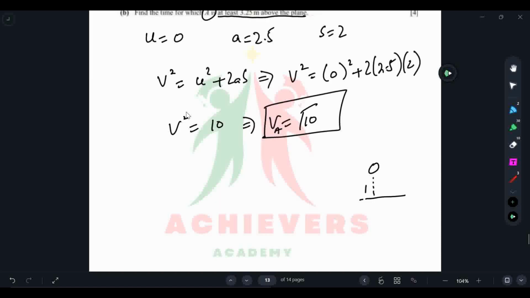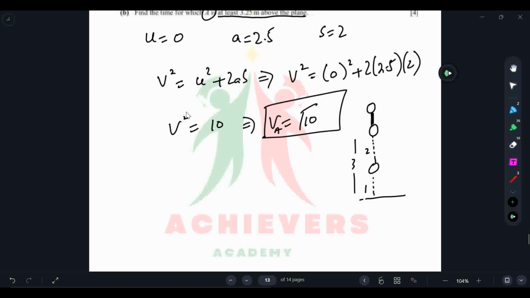Now the particle has reached up to this point, the distance of 2 meters. The total length is 3 meters and we have to reach 3.25. Now we need to calculate the velocity between these two.